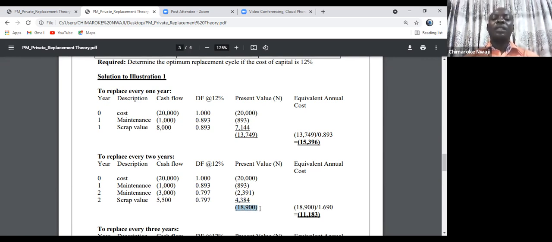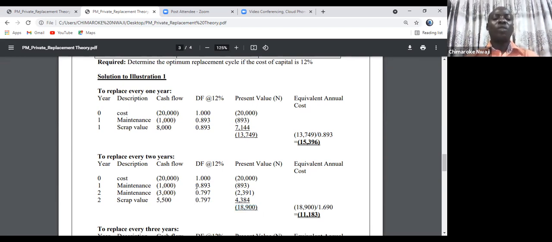Now, that may seem to be higher than year 1 present value, but wait a moment. Let us check the annual equivalent cost. Now, the annual equivalent cost is going to be your NPV divided by the sum of the 2 years discount factor.